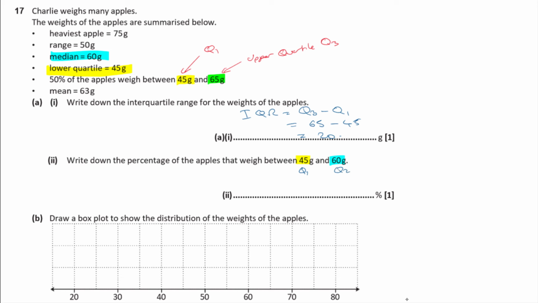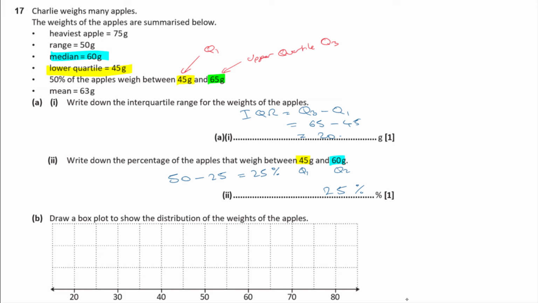Now, Q1 lies 25% of the way through your data, and Q2 lies 50% through your data. So what is the percentage of apples that weigh between 45 and 60? It's going to be the difference between 50 and 25. It's going to be 25%, isn't it? So 25% of the apples weigh between the lower quartile and the median. It just happens to be how it works.